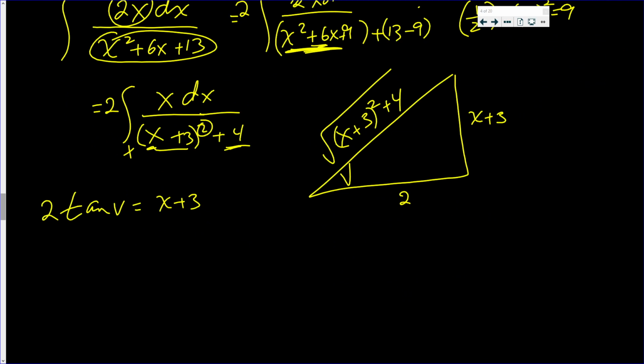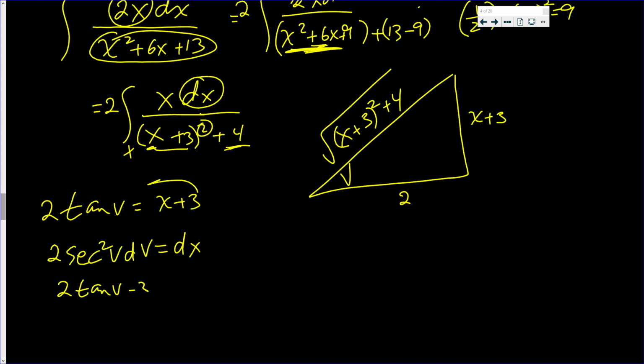I'm going to put the over 2 up there. The differential will be 2 secant squared v dv equals dx. So I have dx. And if I bring 3 to the other side, I have 2 tangent v minus 3 is x. So I have the x. Now I just need the bottom.